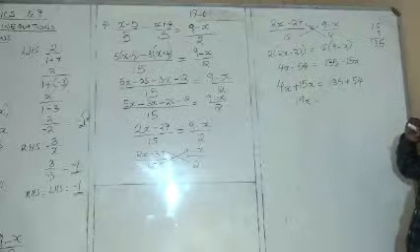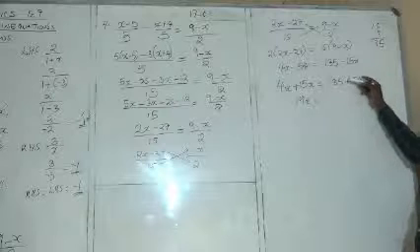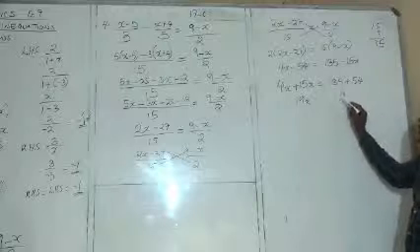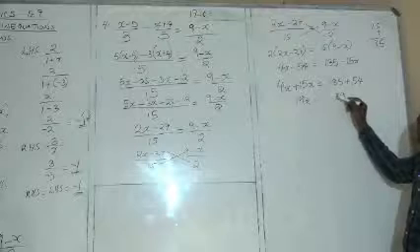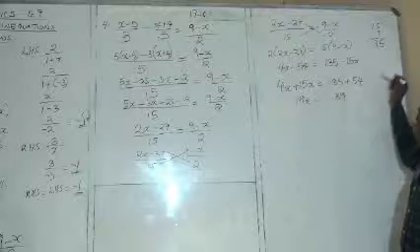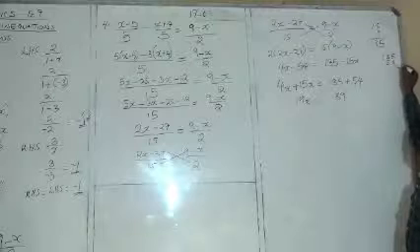135 plus 54, that will give us, so you say you have 4 and 5, so it will be 9. Then 5 and this, it will be 8. So you have 135 and 54. So this is 9.